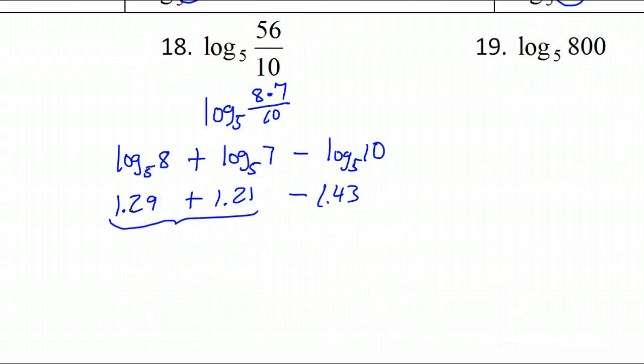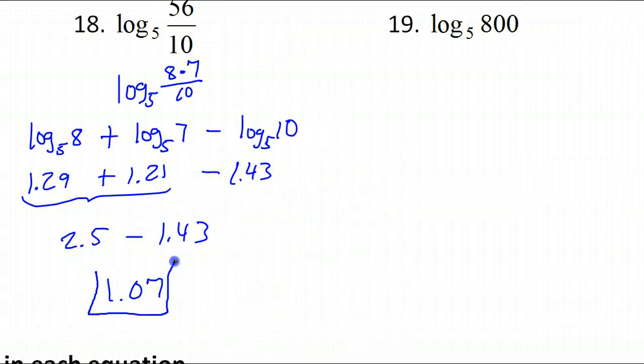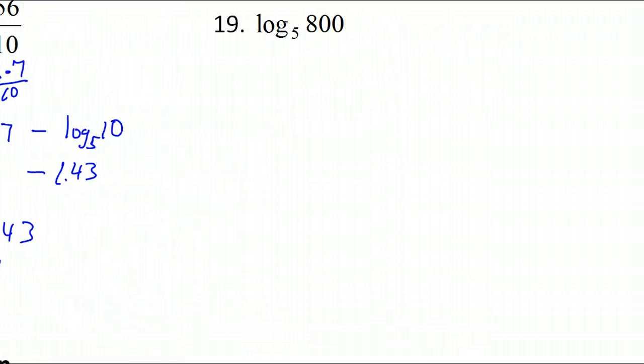So 1.29 plus 1.21, that's 2.5, then minus 1.43. I feel like I just did something wrong because I don't remember this answer. Alright, so that is the correct answer.